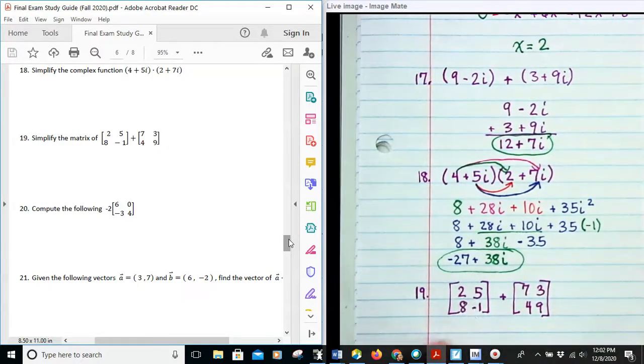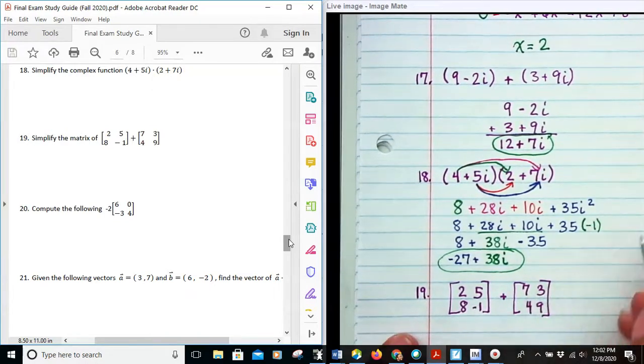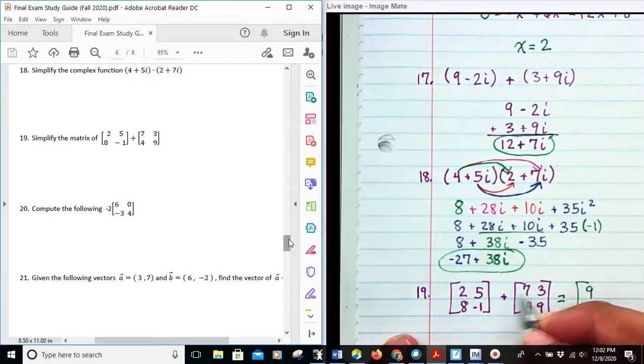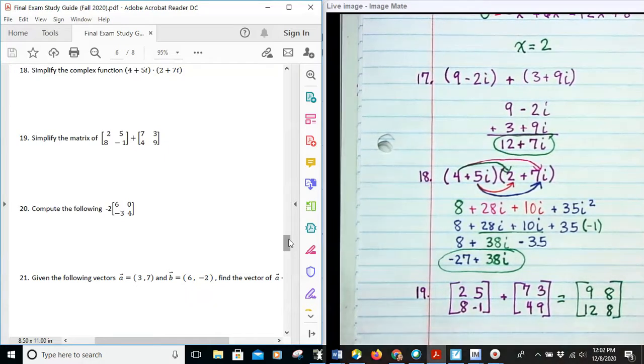So remember, we're doing our corresponding parts here. So we know here 2 plus 7 is 9. 5 and 3 is 8. 8 and 4 is 12. -1 plus 9 is 8. And that's all she wrote.